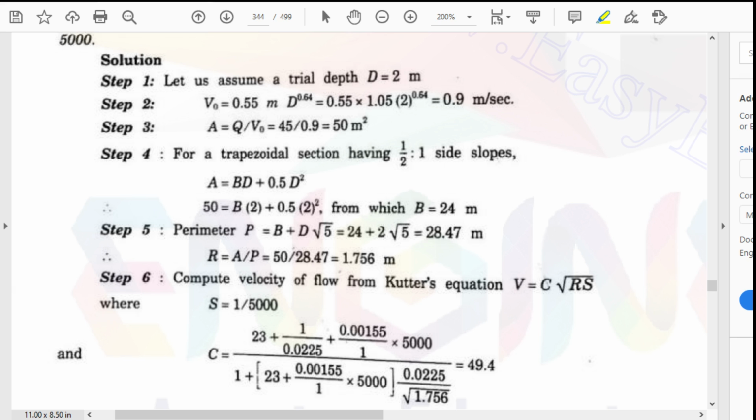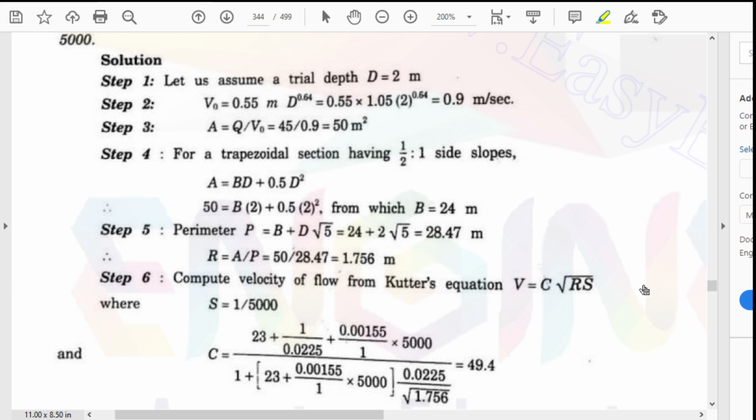The wetted perimeter is 28.47 and area is 50. Substitute them and you will get 1.756 as the hydraulic mean depth.